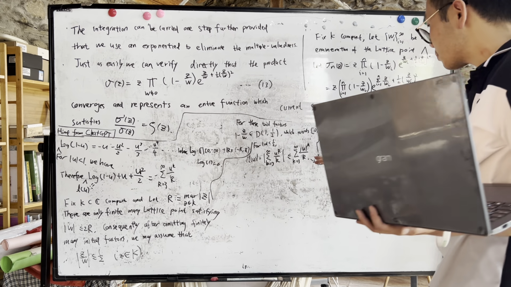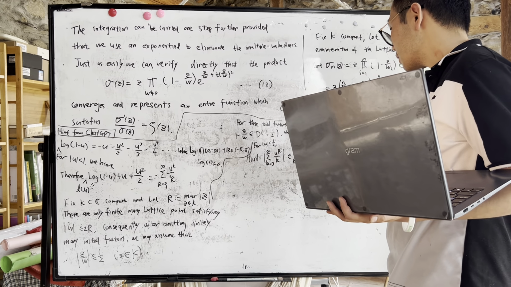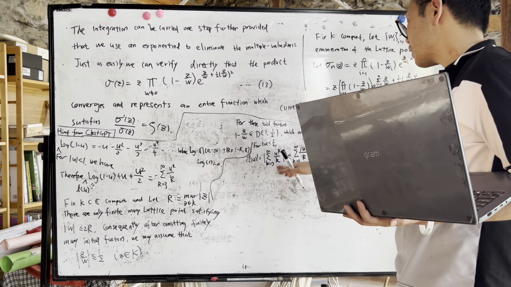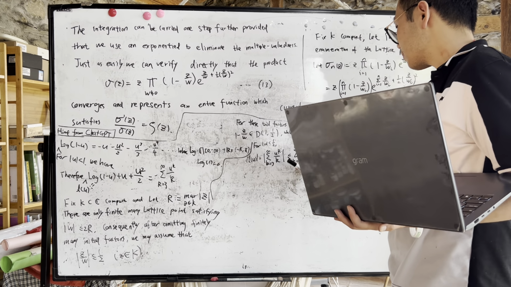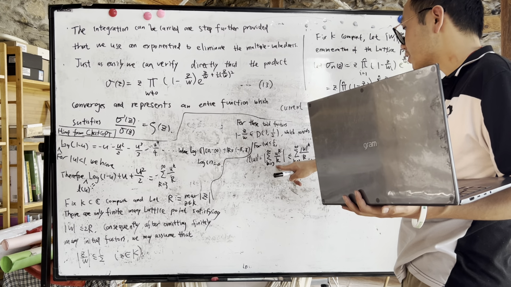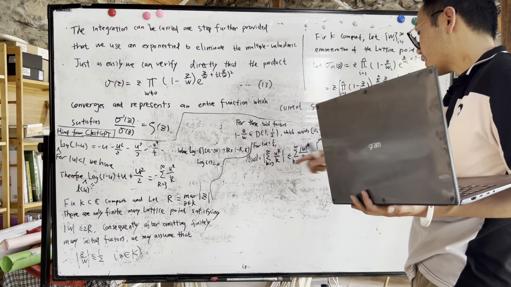So since it converges by the ratio test, and also the partial sum of this guy is bigger than or equal to the partial sum of the red guy, right? And the partial sum of this guy is bigger than the modulus of the partial sum inside this guy.